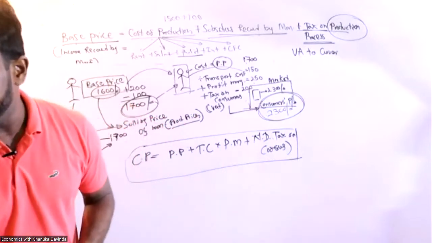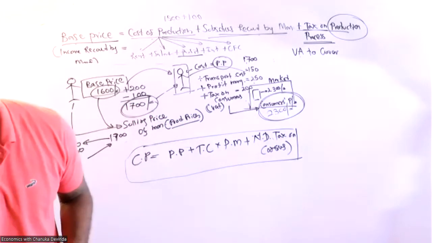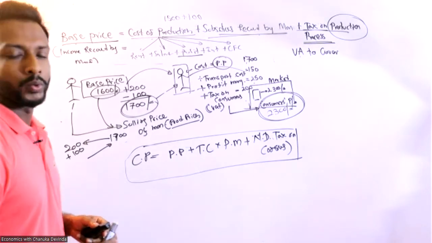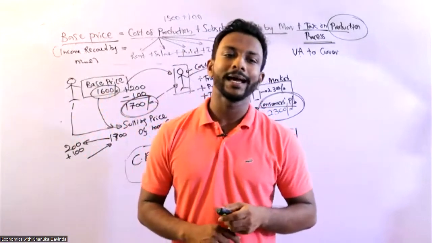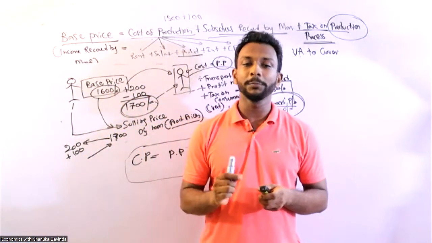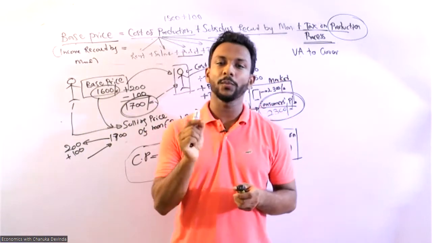There are a few prices. Tell me, those are included in which price, right? So first one, licensing fee or license fee. Is it included in base price, producer price or market price?